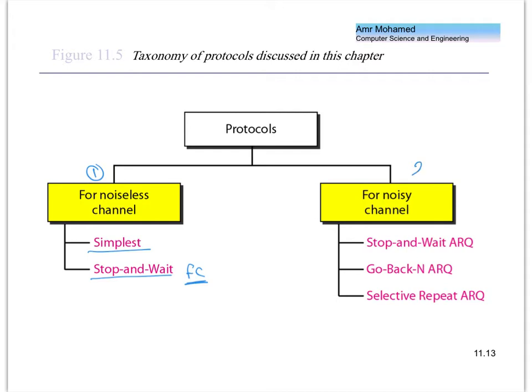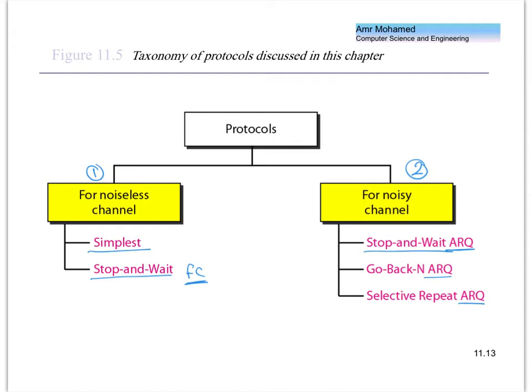Then we will discuss the more practical category of techniques, which tries to account for all the 4 scenarios of error that we talked about, in which case we have to add automatic repeat request to all these techniques. Again, we'll start with stop and wait, which is the most conservative technique to guarantee flow control, because anything that you send, you have to wait for acknowledgement.